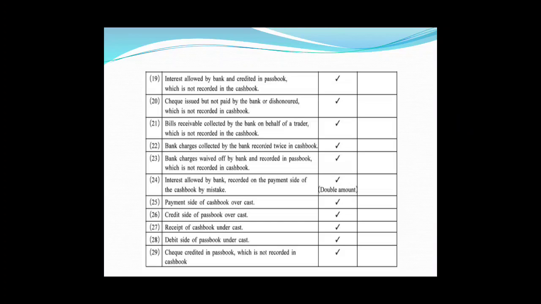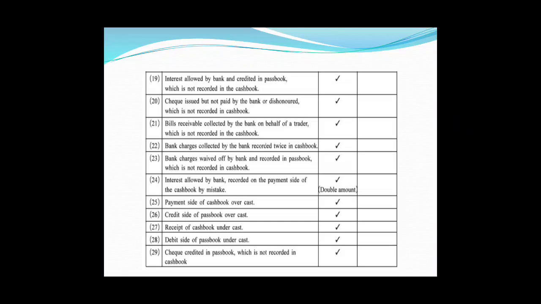Okay. Next, bank charges waived off by bank and recorded in passbook which is not recorded in cash book. Sometimes on our request bank cancels the bank charges which were collected by bank, which is known as waiving off.